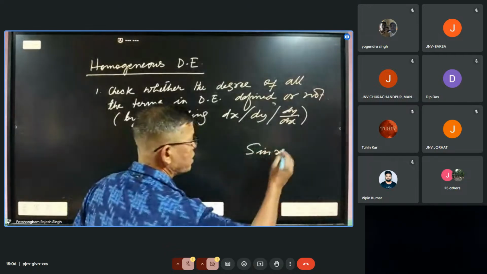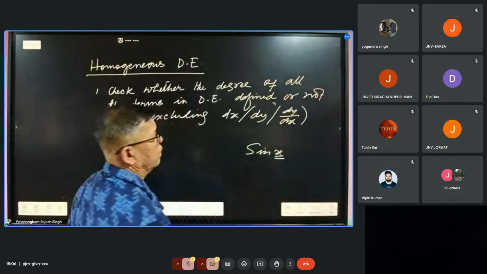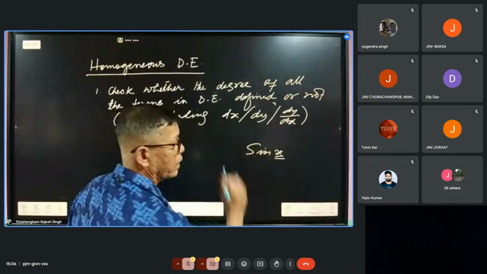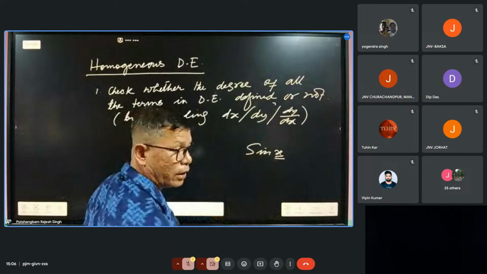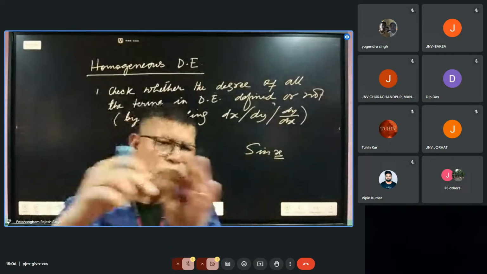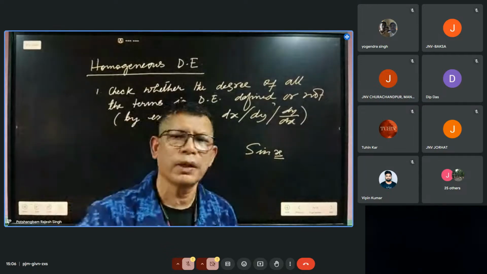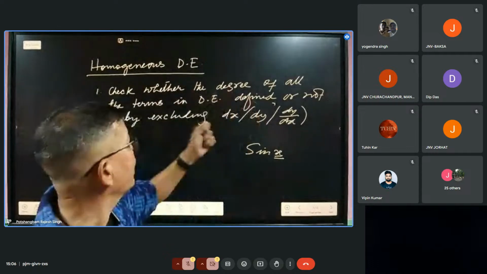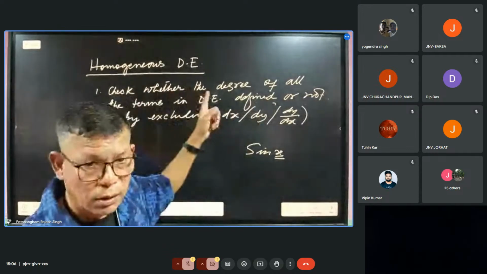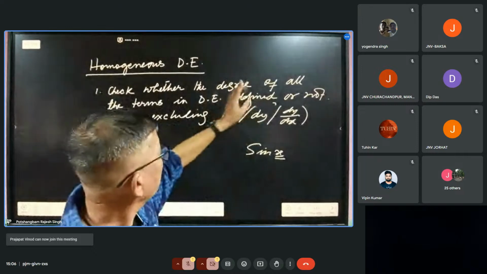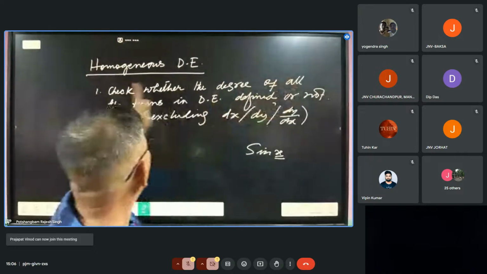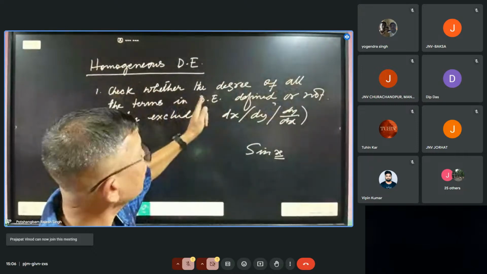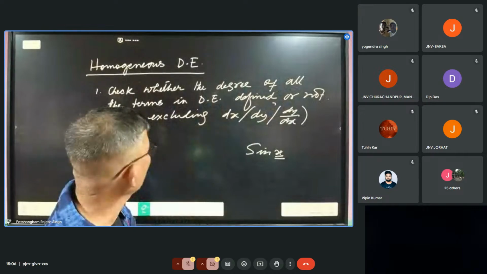In this case, the variable x does not define its degree because it is dependent on the sine. If your variable is dependent on something, the degree of that variable is not defined. So what I suggested here is to check whether the degree of all the terms in the differential equation is defined or not.